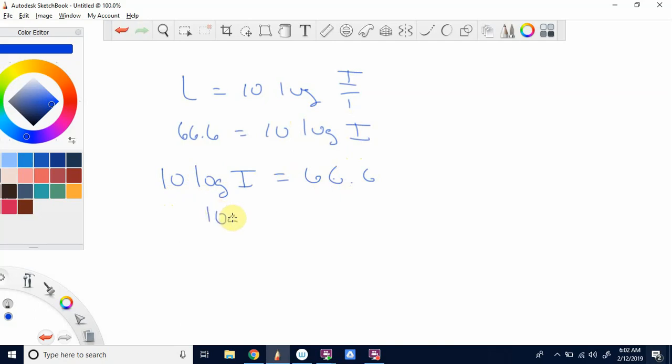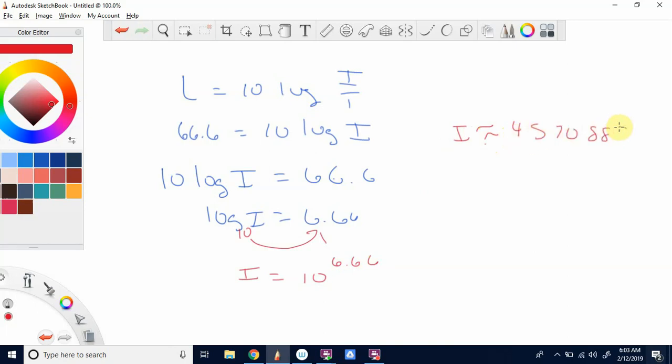So we're going to divide both sides by 10, and then this has a base of 10, and we're just going to raise it. So I equals 10 raised to the 6.66, which is approximately 4,570,882. It's a big number here.